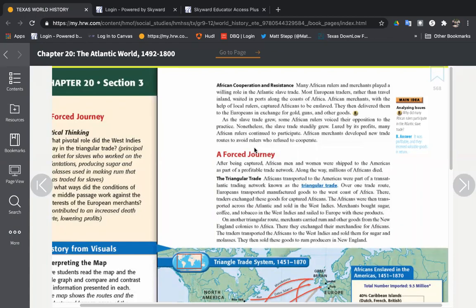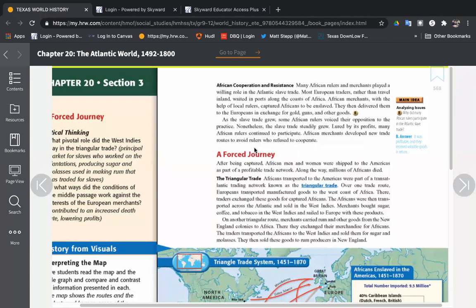Then they would use those goods, whether a manufactured good already, guns, a textile, or a product already created in Europe, and they would go to Africa and trade those goods for humans or slaves.